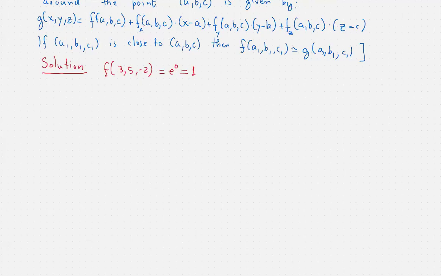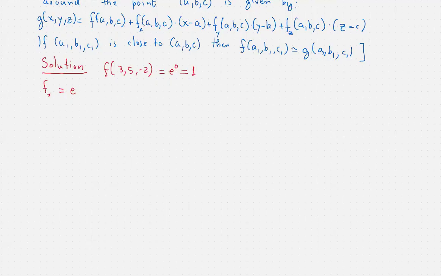Anyhow, let's find the partial derivative with respect to x. We need to know that the derivative of the exponential function is itself, which means, thanks to the chain rule, e to some quantity has derivative equal to e to the same quantity times the derivative of that quantity.